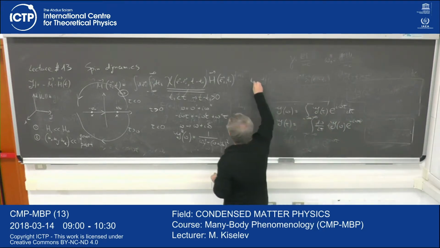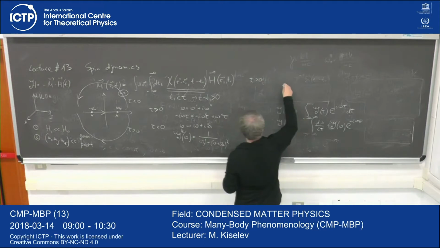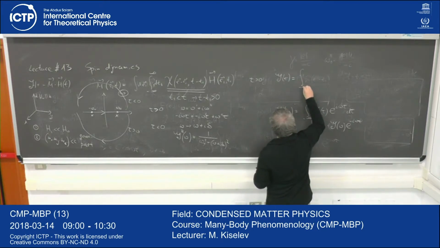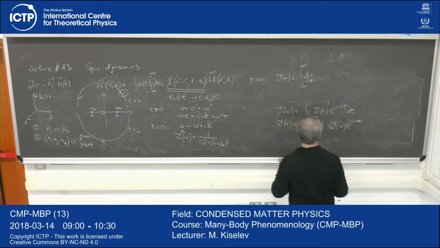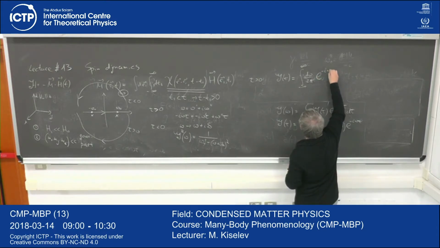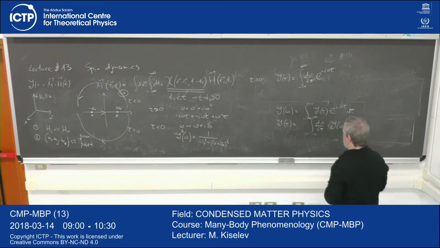So, tau is positive. G(tau) is equal to the integral from minus infinity to infinity d omega over 2 pi, e to the power minus i omega tau.